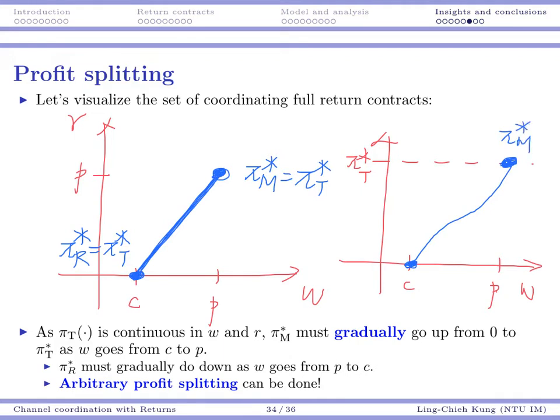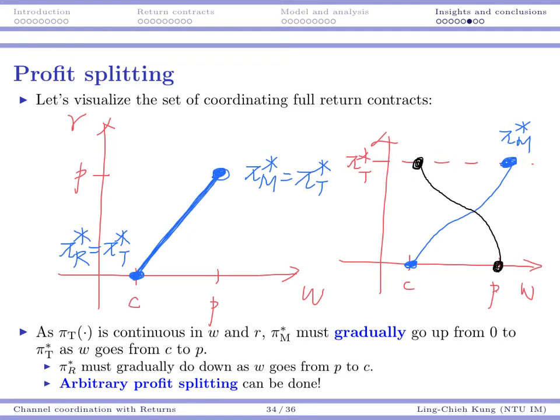Then I'm going to draw another curve to depict the retailer's profit. It must be pi t star minus pi m star, so it will look like this. It's not very pretty, but you know what I mean. Pi m star and pi r star, the sum of them must be pi t star. So the sum of the two curves must be exactly pi t star.